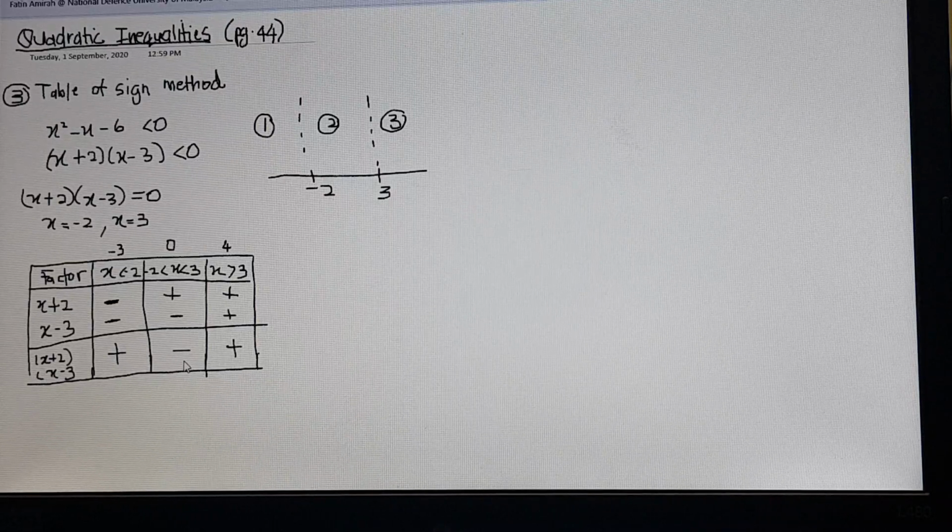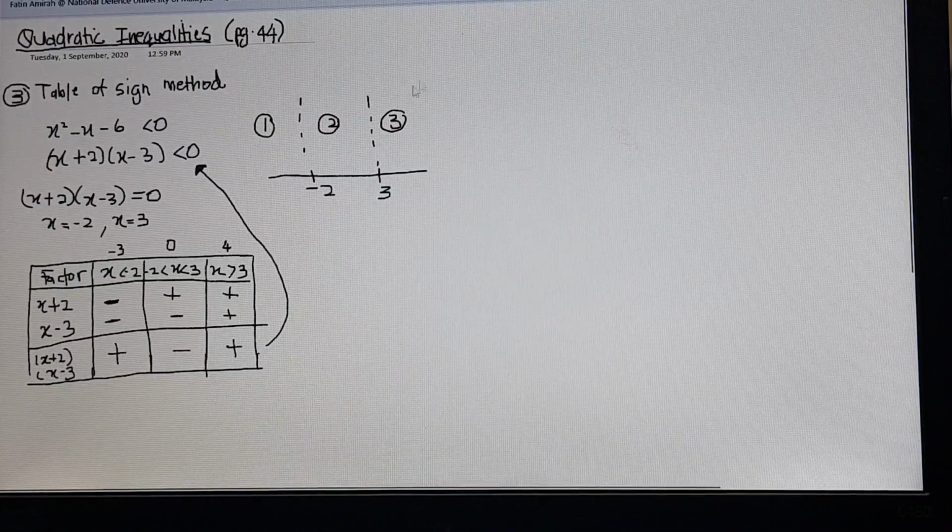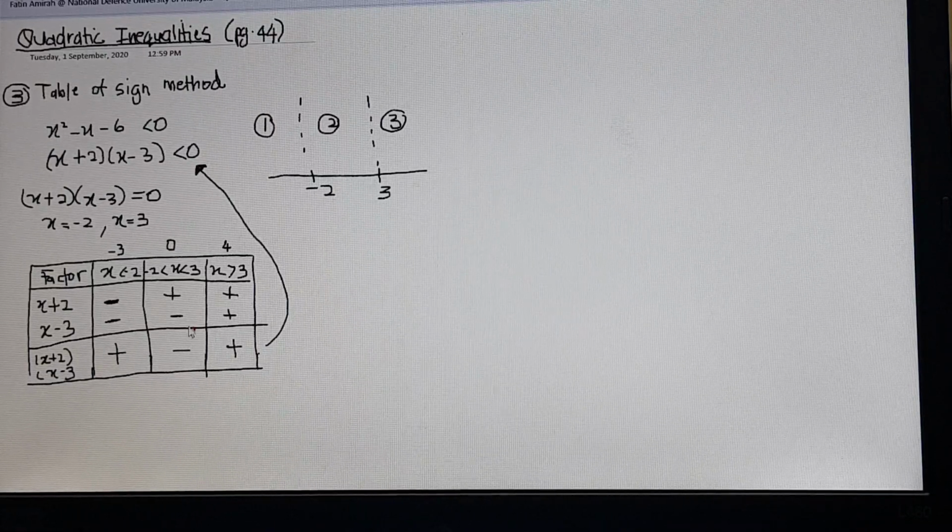Positive or negative sign? You look back into the question. The question says it must be less than 0. So if it is less than 0, you take the negative sign.